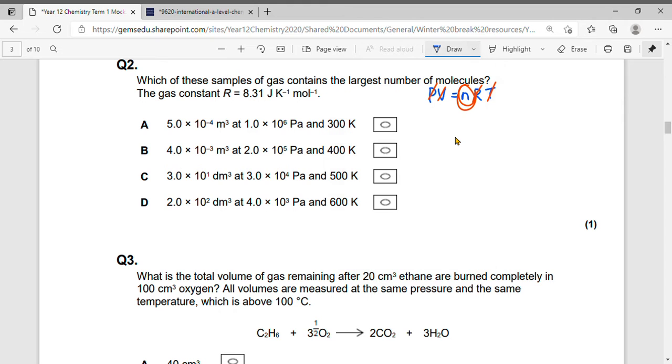Alright, so moles, n, is PV over RT, just because we take these to the other side. So we're just going to do the calculations for each of these and see what number we get. Sorry, I'm just doing this on my calculator. So here we have 0.2 moles.